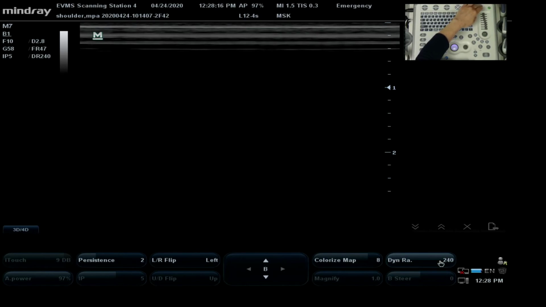And if I kept pressing, it'll come back around to its lowest setting of 30. But we want to be, again, somewhere around 100. And if you look up on the screen over here, here's your dynamic range. And this is where it'll display for you on the Mindray.